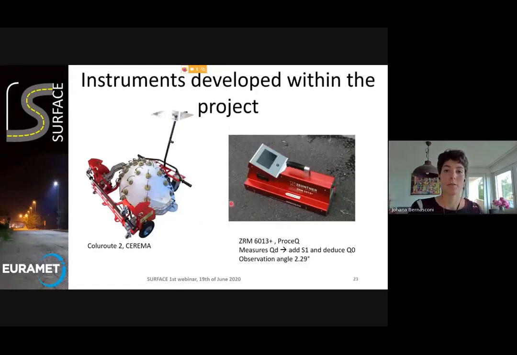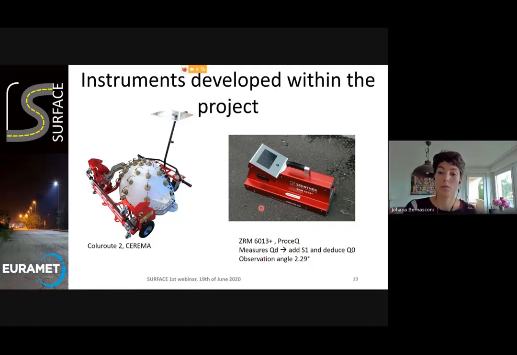There were instruments that were developed within the project. First, there's ColorRoot 2. It was developed before, but the performance was evaluated during the project. And there's a second device that is developed by ProCQ. It is used to measure the road marking in QD at an observation angle of 2.29 degrees.